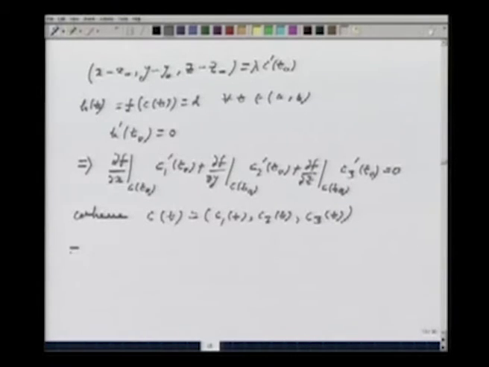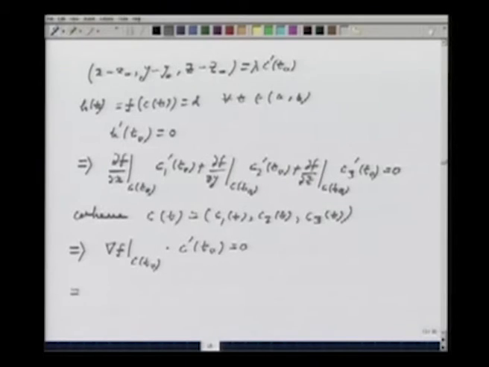But then this precisely implies that grad f at C(t naught) dot product with the vector c prime at t naught is equal to 0. Okay?